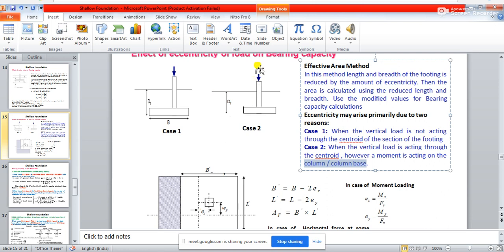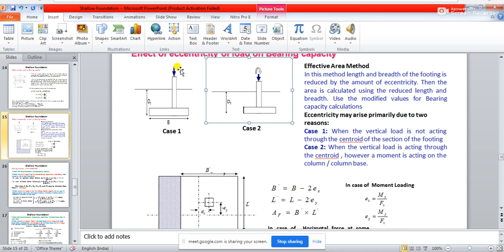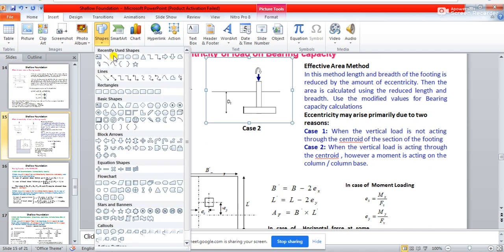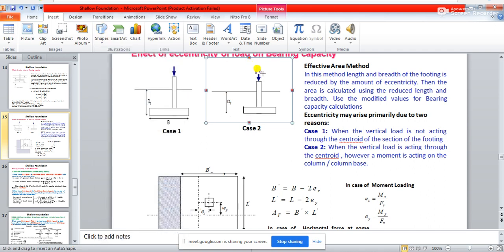So, how does this moment come? It is very simple to understand. Let's say there is a vertical load acting like this on this footing. So, there is no moment in that case. However, if there is a horizontal load acting on this footing, what will it do?